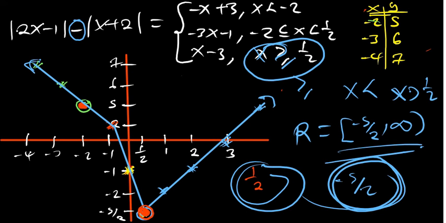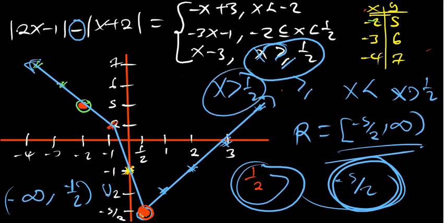So the domain would have been from negative infinity all the way to half, union half, not included, all the way to positive infinity.